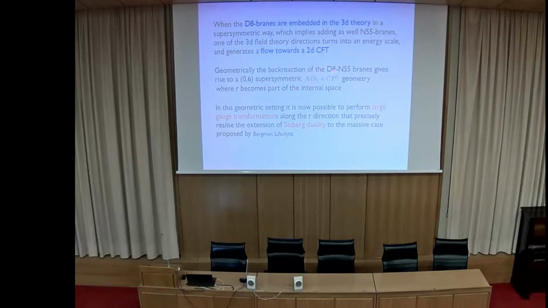Geometrically, the background of these branes that we are introducing, the D8 and the NS5 branes, gives rise to a (0,6) supersymmetric geometry, which is this AdS3 that we have analyzed, in which this direction becomes now part of the internal space. And now, in this geometric setting, is where we want to realize Seiberg duality in terms of large gauge transformation.